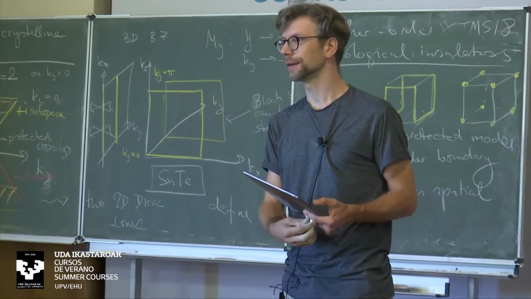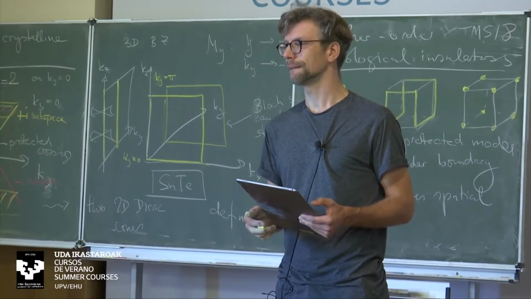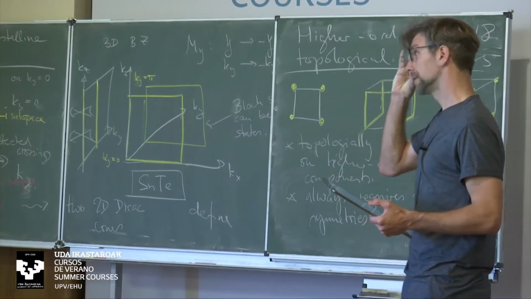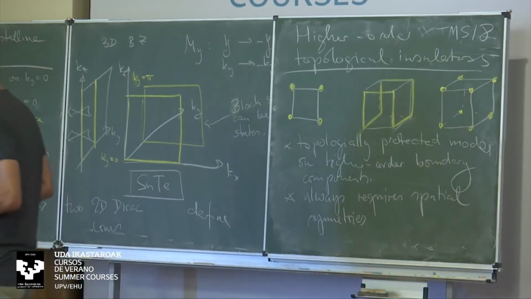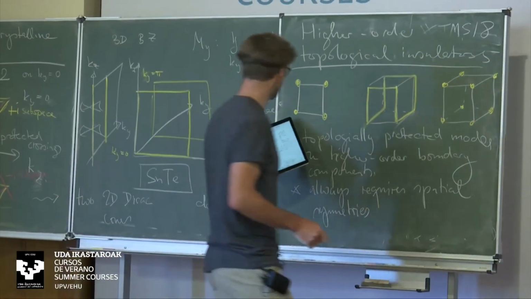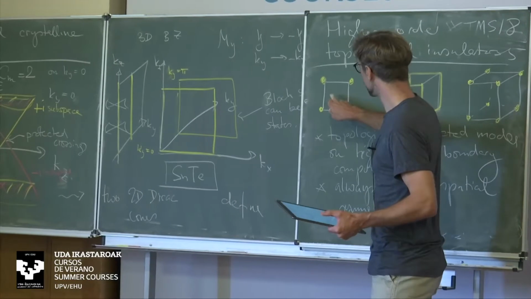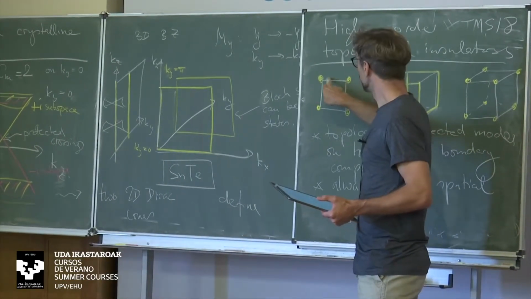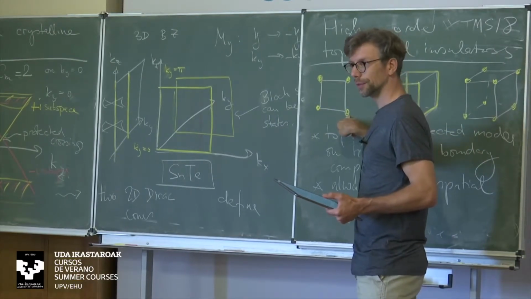Yes? So I'm always a bit puzzled about this statement that you require spatial symmetries, because when you read the breakdown, usually the modes survive, right? So you see this as like a small perturbation away. Right, so it depends a bit on the rules of the game. What I would like to say here is that these modes are stable against any perturbations to the boundary. So for instance here, I would like to do any perturbation, gap closing or not, that is symmetry preserving on these edges, and still want these corner modes.